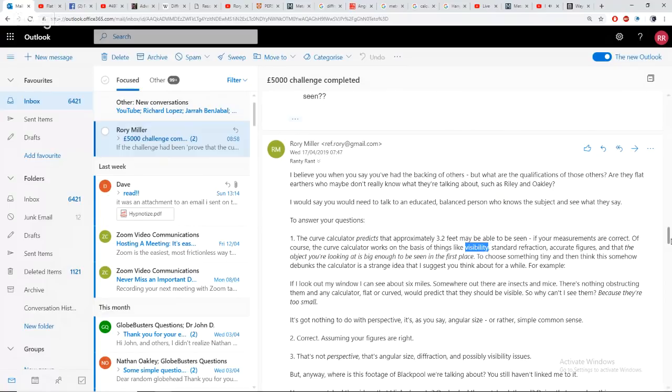Show me on the curve calculators where it takes into account visibility. Show me where it says, was it smoggy today? How far could you see today? Could you only see 6 miles today? How come you couldn't see the wind turbines today that are only 12 miles away when you can normally see them at any time? What was the visibility like? Does it say that? No, it doesn't. It doesn't include visibility, you mong.